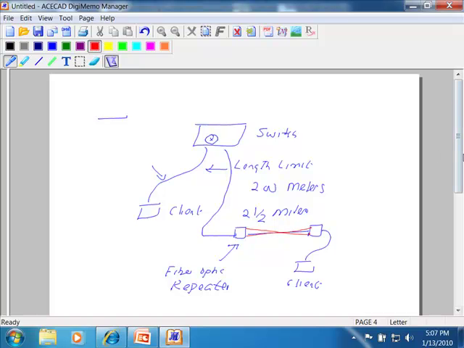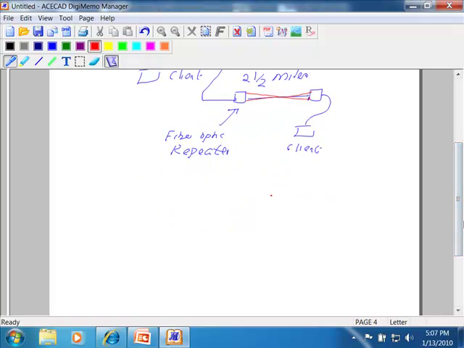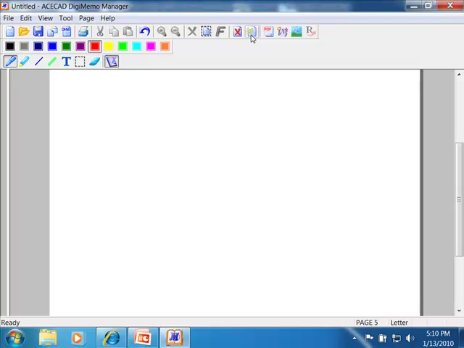Because fiber optics involve light rays. One is for transmission, we call it TX. The other one is for receiving. The transmission on this side must be connected with the receiving on the other side, and the receiving on this side must be connected with the transmission on the other side. That's the reason.